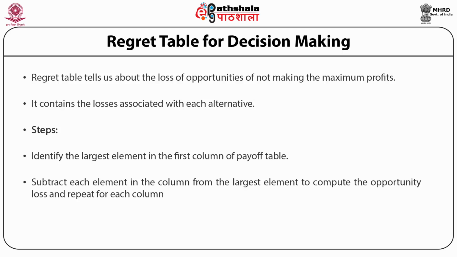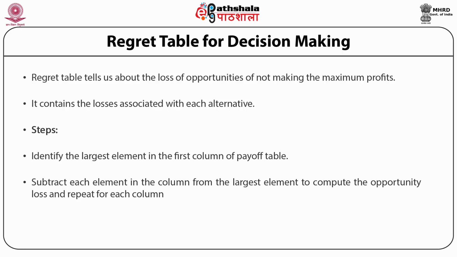It means he has sacrificed some profits by adopting that particular course of action. So that is actually the loss of opportunity, or the regret, for the decision maker. So this regret table contains the losses associated with each alternative.